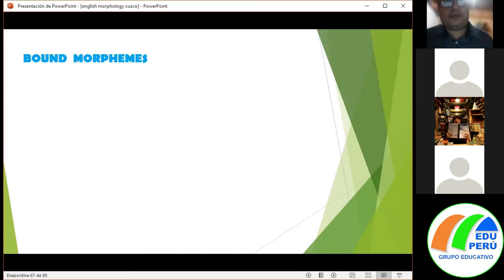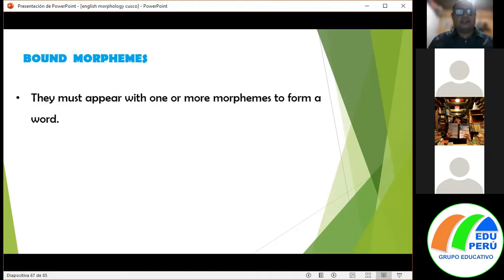The other type of morphemes are called bound morphemes. Bound means connected, like a ligament, this is the literal meaning. Bound morphemes must appear with one or more morphemes to form a word.